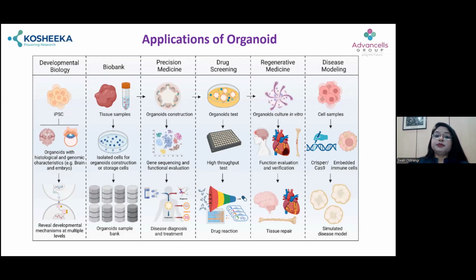Then there is precision medicine. Precision medicine, as we know, can be used for cancer because cancer is a very heterogeneous disease. Every cancer patient is different from other patients because their cancer carries different kinds of mutation. Even in one person, if someone has breast cancer, that cancer also varies from position to position.